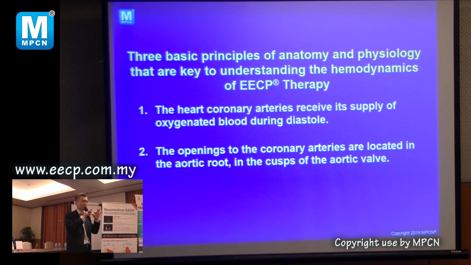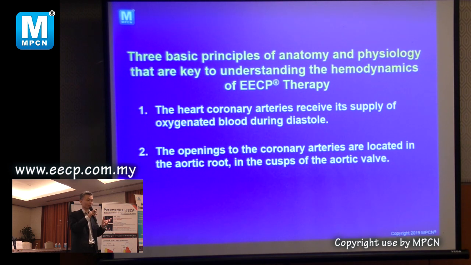If the valve is faulty, then the blood can flow back. So if you increase the leg pump and cause the blood to flow back, and your valve is leaking, what will happen? You cause the blood to go inside the heart chamber, and this is a contraindication.